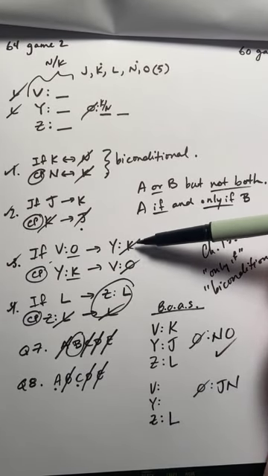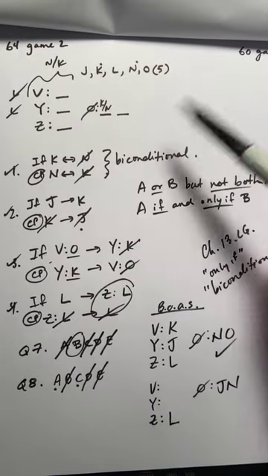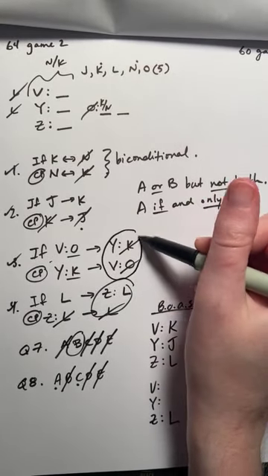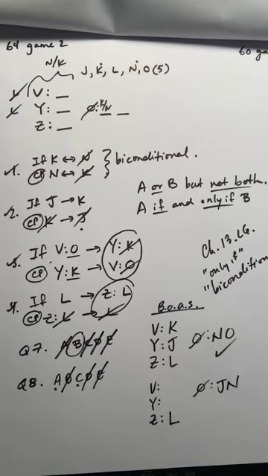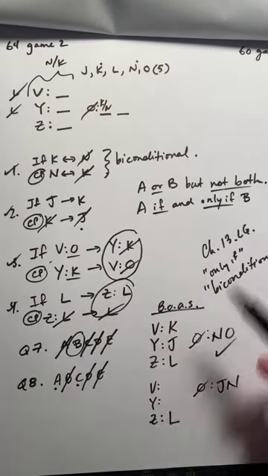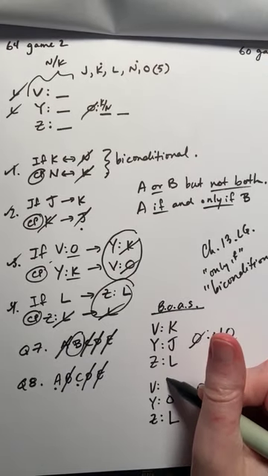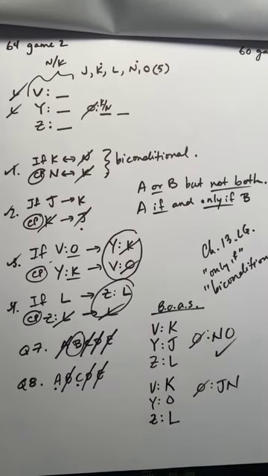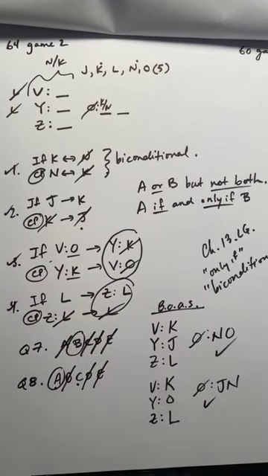What we can do, though, is avoid this rule altogether by doing both of the consequences and avoiding the triggers. So by putting O with Y and K with V, we've avoided those triggers. We've created an acceptable solution. This is possible. A must be the correct answer.